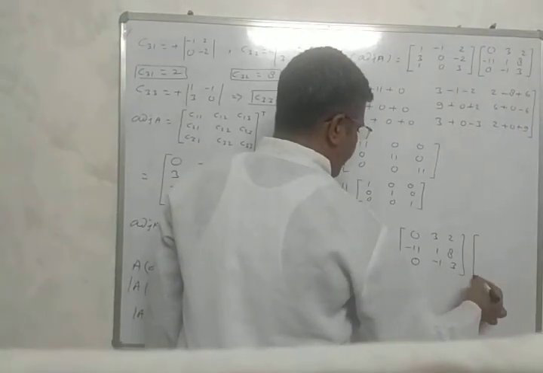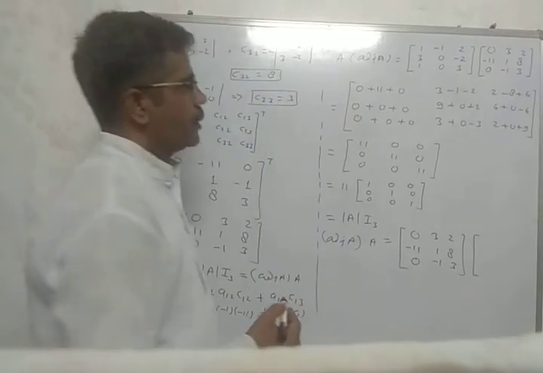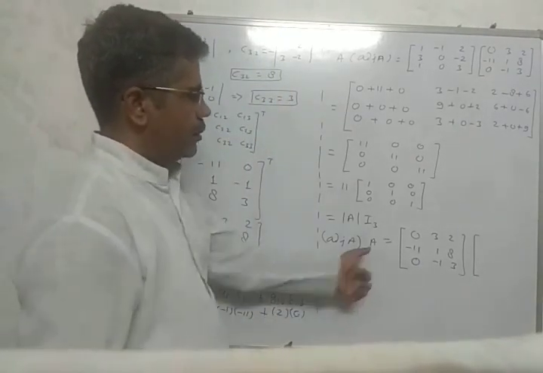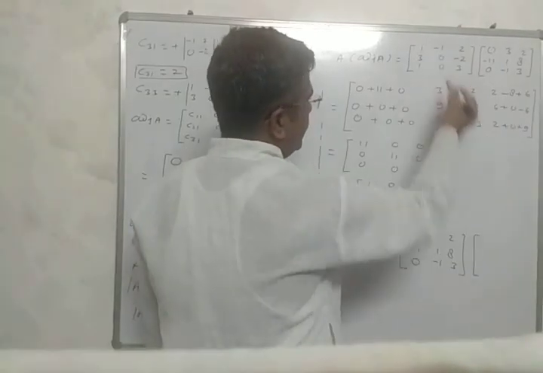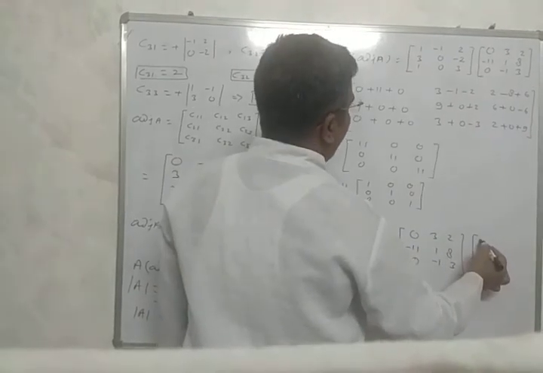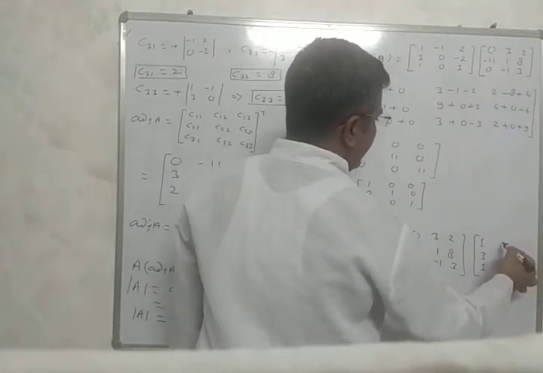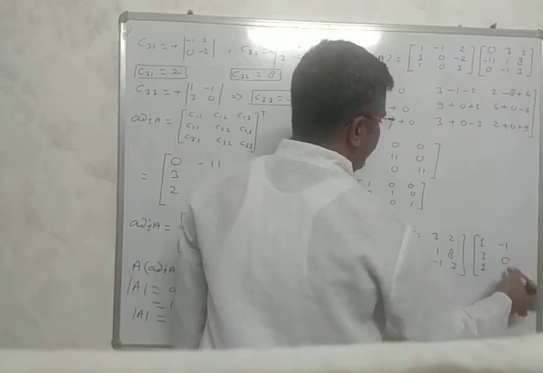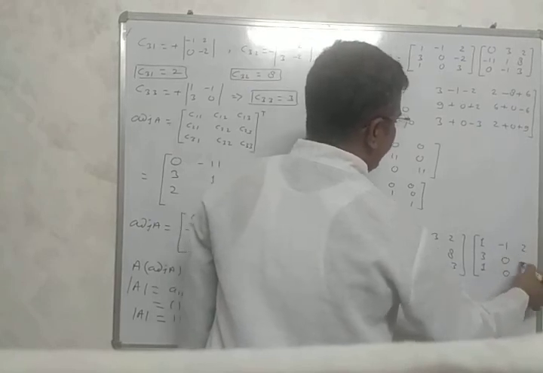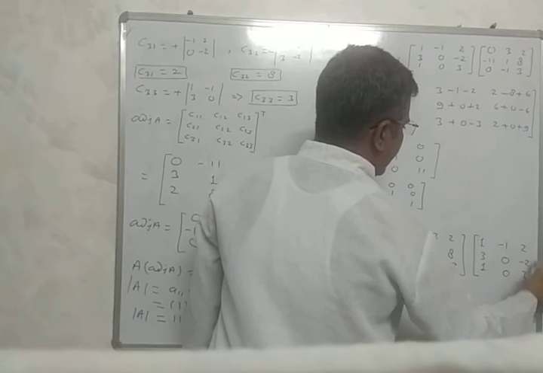The value of matrix A is, sorry, right here, matrix A is this: 1, 3, 1, minus 1, 0, 0, 2, minus 2, 3.